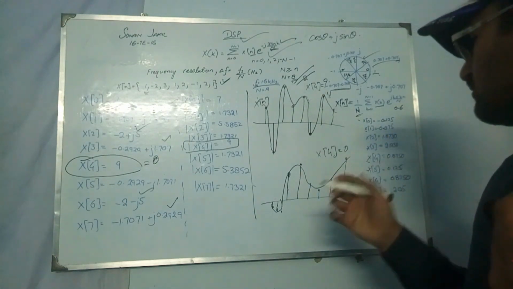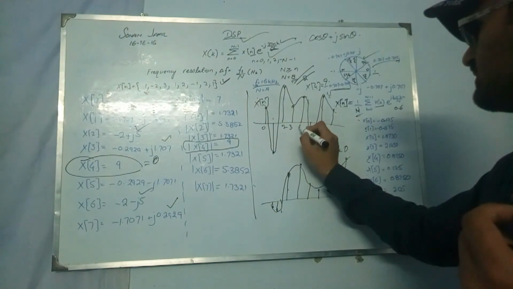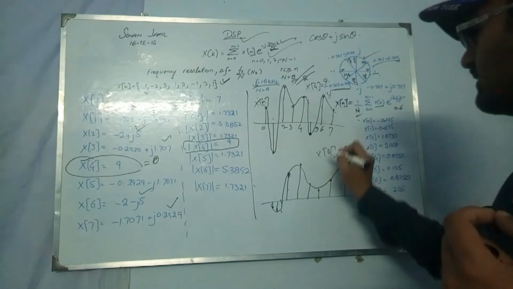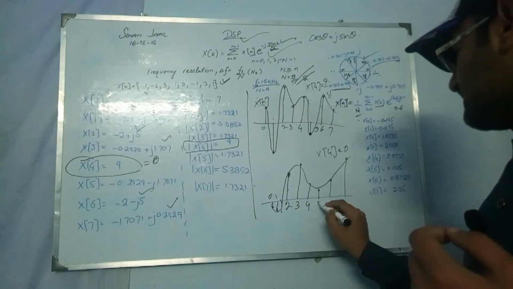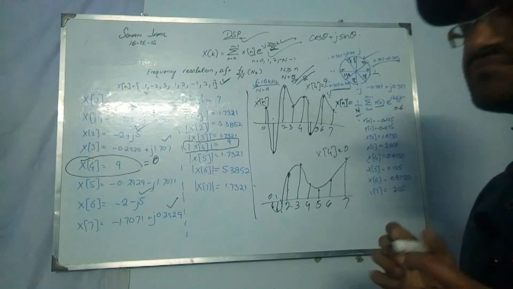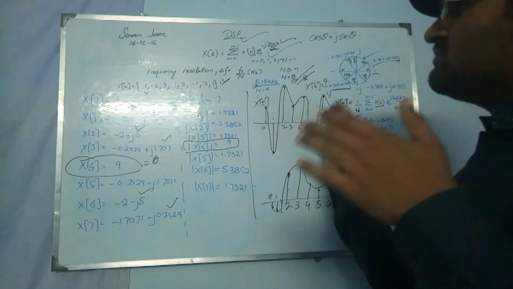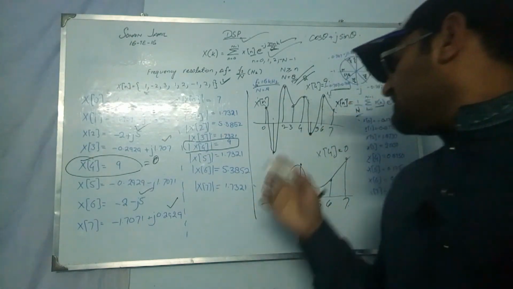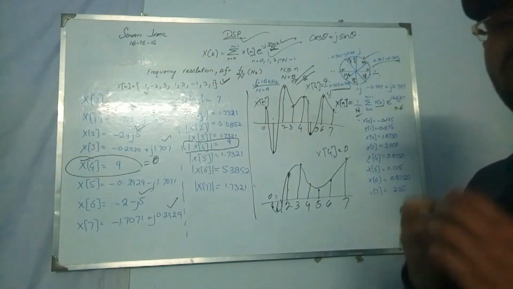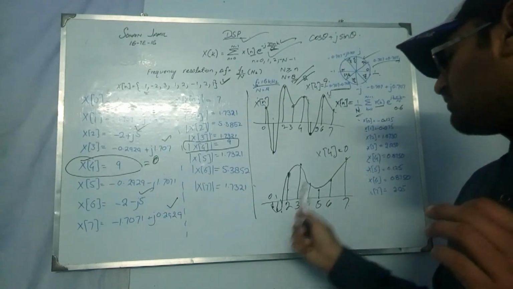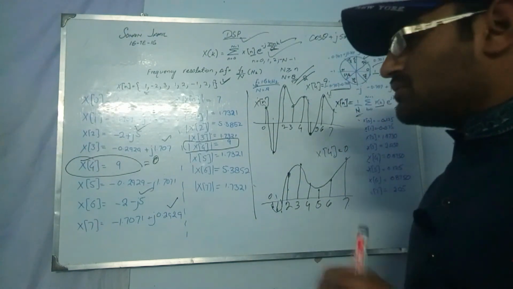Now what we conclude from this one, just write the indexes here. What we conclude from the whole theory or discussion is that low frequency signals are always smooth, or the low frequencies occur at smooth values.